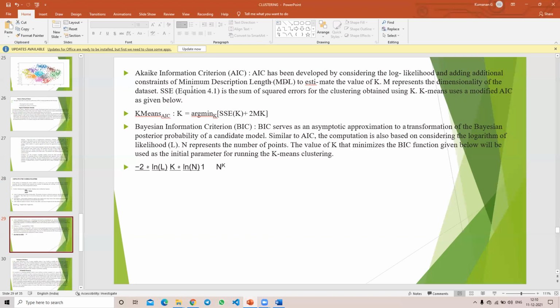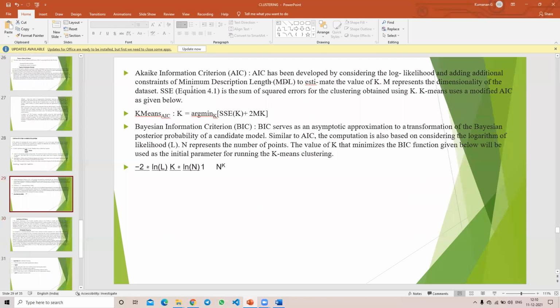Here, BIC equals minus 2 ln L plus k ln n. This is the Bayesian information criteria equation.